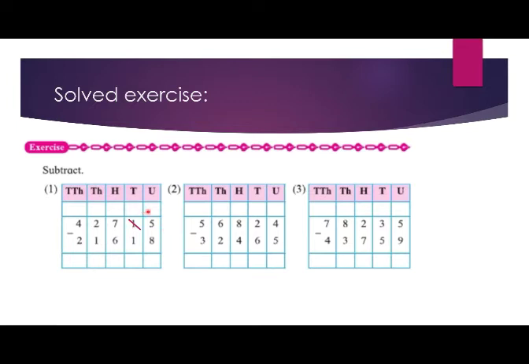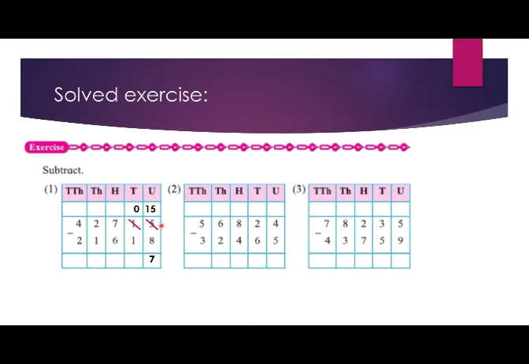So see, I'll reduce it, so it will become 0. And I'll give 10 to this 5. I'll cut this 5 and I'll write 15. 10 plus 5, 15. Now, is it possible for me to subtract this 8 from this 15? Yes, it is. Answer is 7.